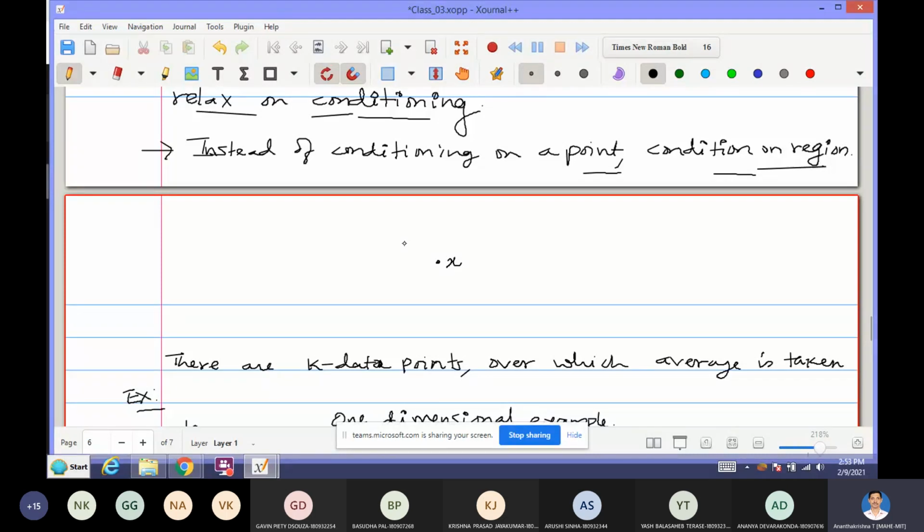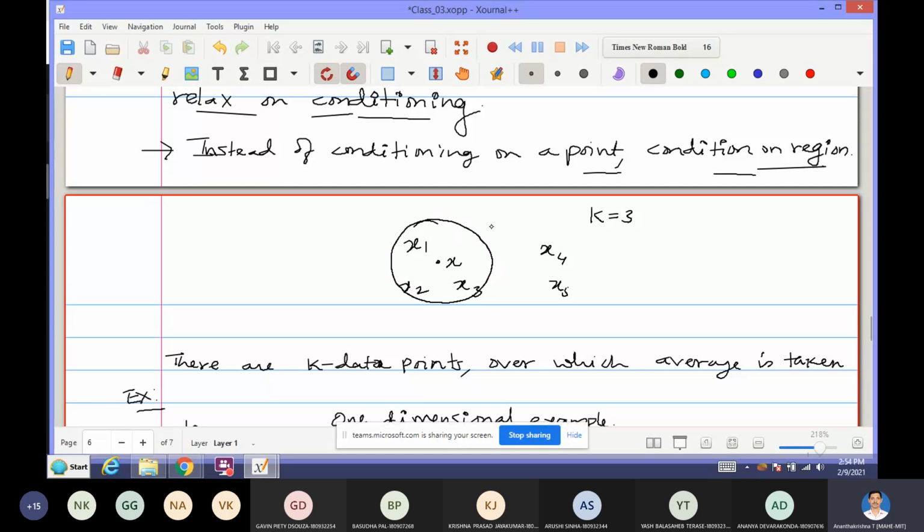So you have x1, x2, suppose x3, and x4, x5, and so on. If I consider k equal to 3, then you have to find the average in this region.